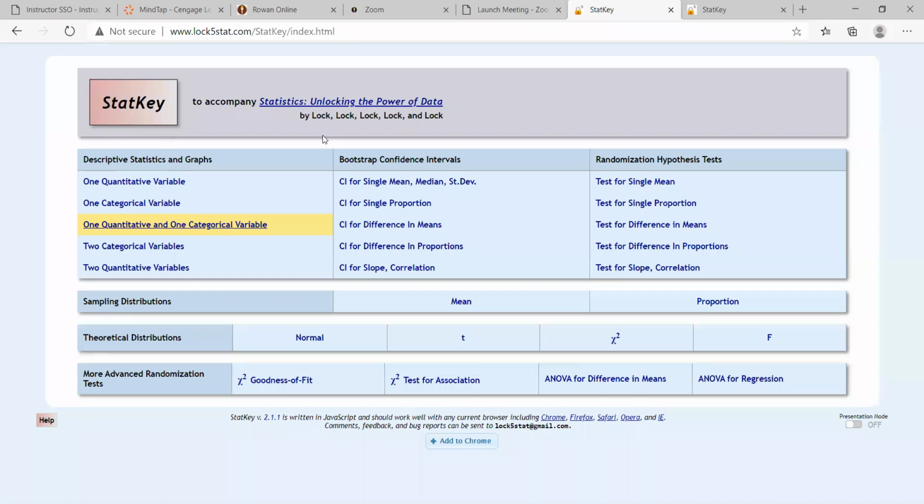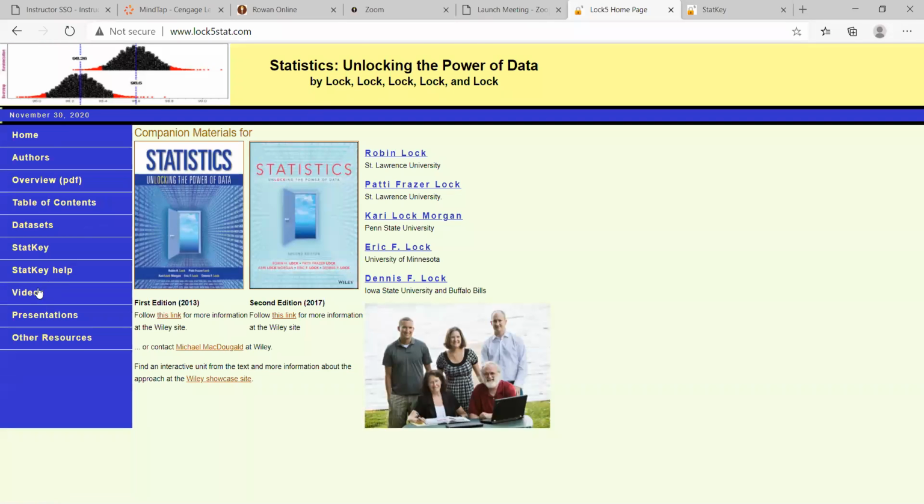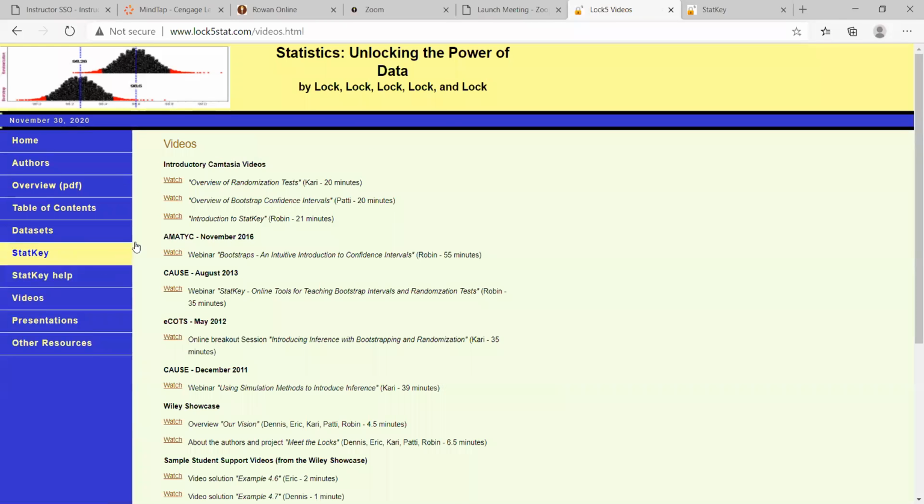Hopefully you all know how to get to StatKey by now, just typing StatKey into your browser, and then click up here for the videos. The introductory video is on the top, and there's one called Overview of Randomization Tests. This is the one I'm going to play for you now. It takes about 18 minutes or so.